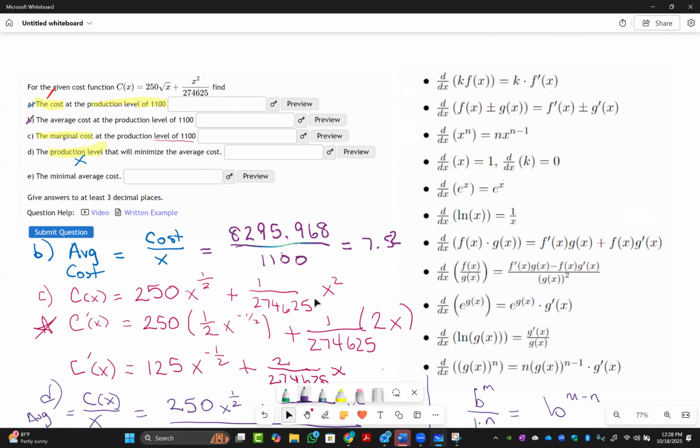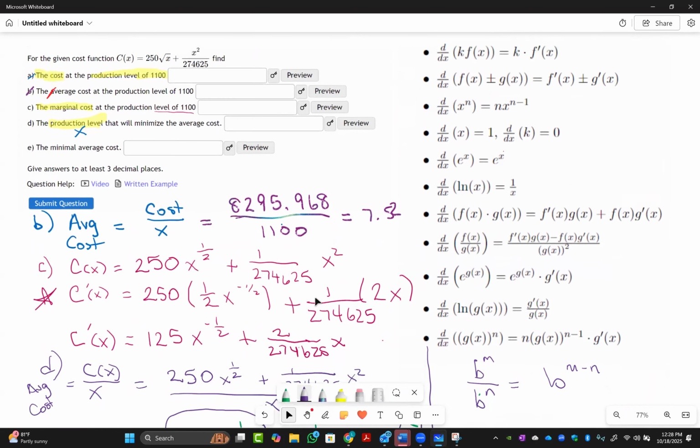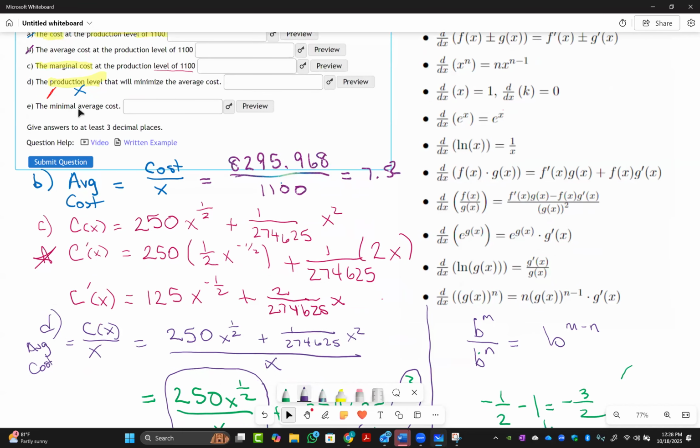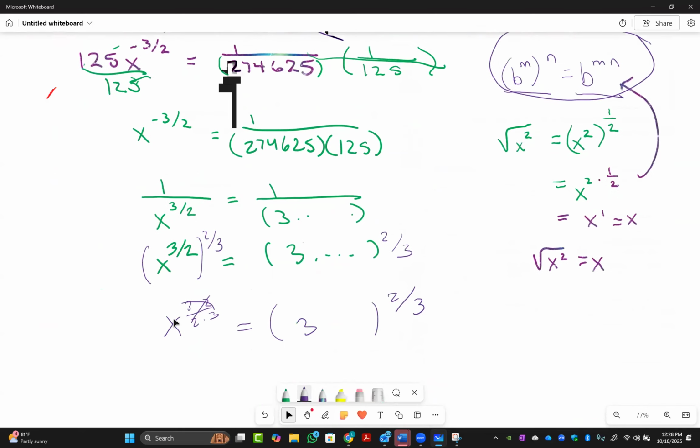The minimal average cost. Well, we know now what the production level is to minimize average cost, right? Yep. And we want to find the minimal average cost. So we need to plug into cost our number that we got here.